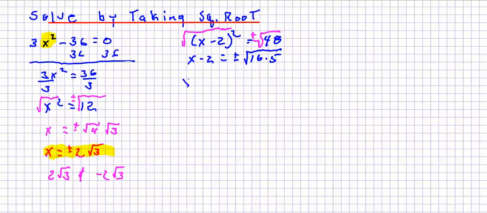So we have x minus 2 equals plus or minus 4 radical 5.